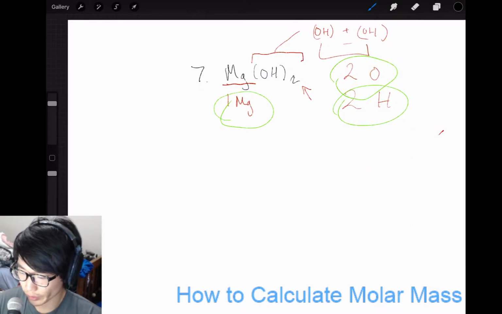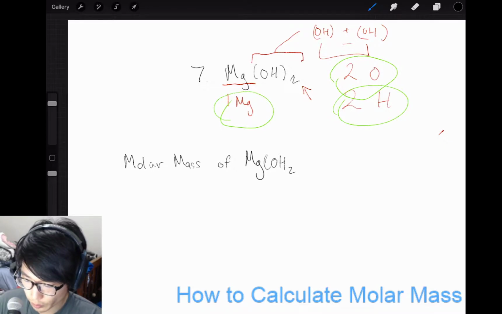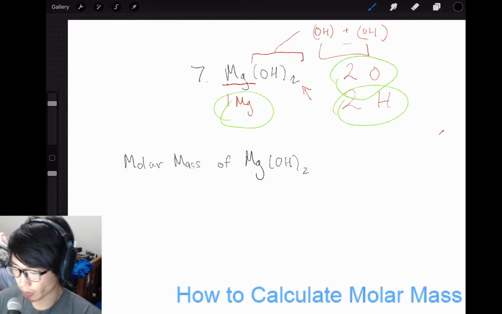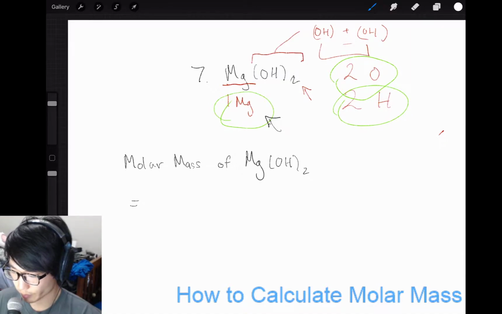I'm going to have my molar mass of MgOH2 equals all of those things circled in green added together. So my 1 magnesium.